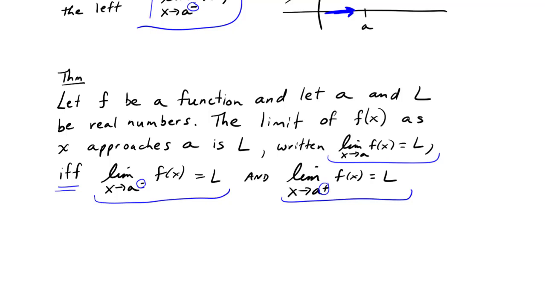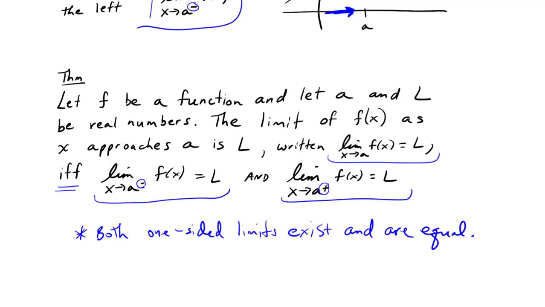What are we really saying? We're saying you get the limit, you can think of it as the whole limit, but we just say limit. You get a limit of f of x of L if both the left and the right limits exist and they're equal to the same value. So the key here is both one-sided limits exist and are equal.